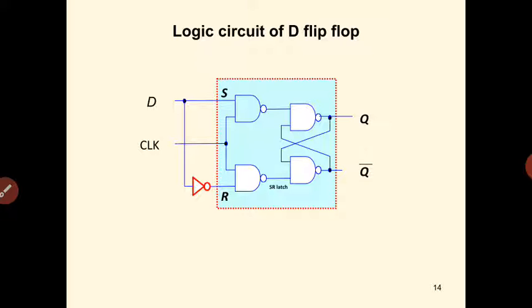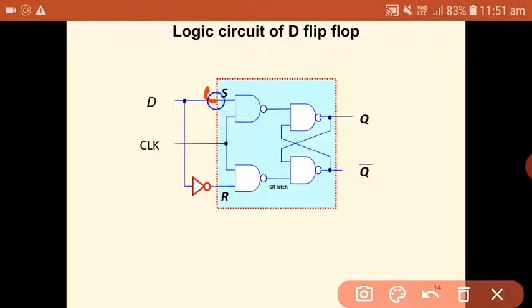So this is the logic circuit of D flip-flop. You already know that this is the SR flip-flop. To the SR flip-flop, if S is equal to D and R is equal to D bar, then that circuit becomes the logic circuit of the D flip-flop. That means you are restricting the SR flip-flop to only two combinations of inputs, that is S is equal to 0 and R is equal to 1 when D is equal to 0.